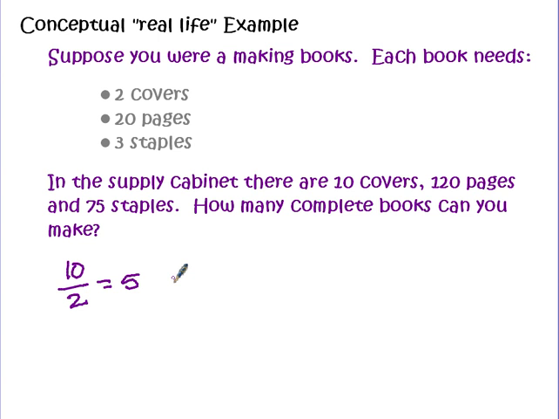I'm going to do the same thing for each one of them. So I'll take the 120 pages of paper that I have and divide that by 20. And when I do that, I see, hey, I can make 6 books out of this. And then I'm going to take my 75 staples and divide it by the 3 that I need for each book. And I'm going to find out, hey, I can make 25 books from the staples that I have.